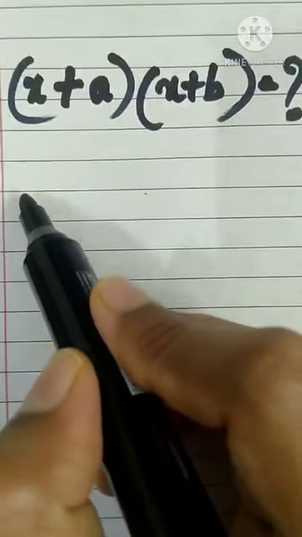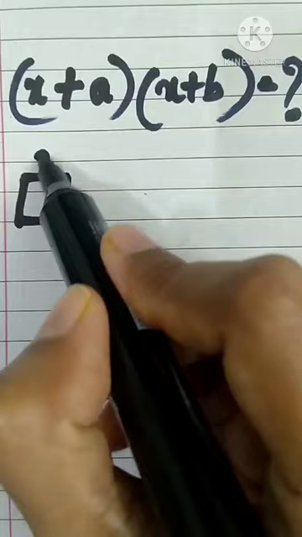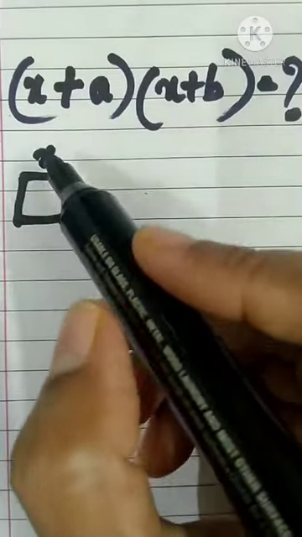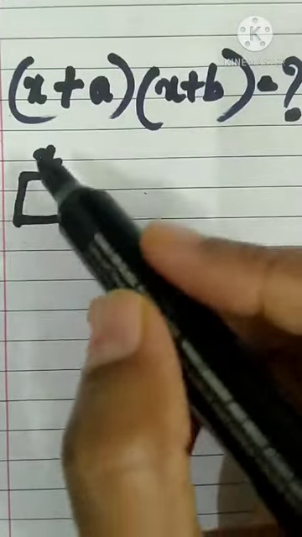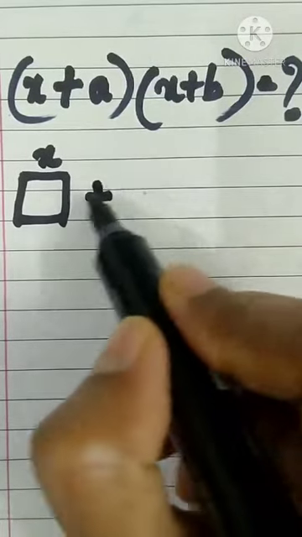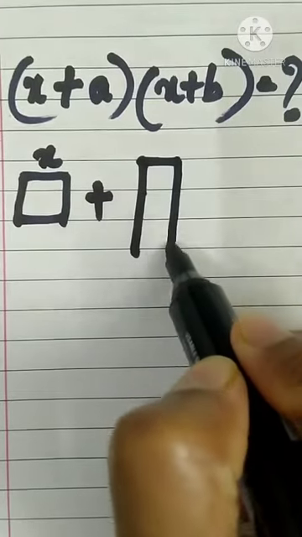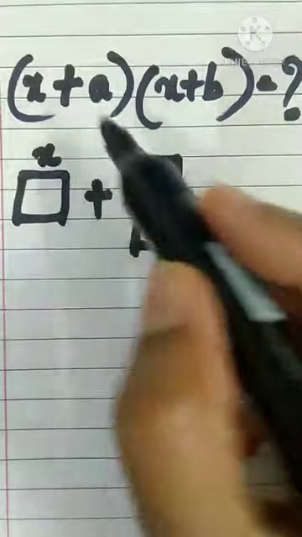So we will learn this with respect to a square whose side is x, and we know sides of the square are equal. All 4 sides are equal. Then we will consider a rectangle where you have x and a, 2 different sides.